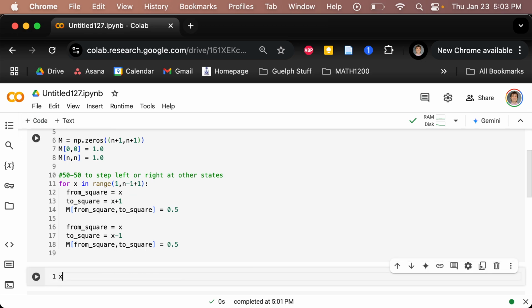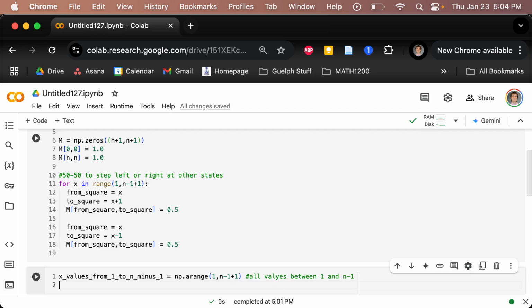You can do all the x values from 1 to n minus 1 at once by just making them an array. If I do np.arange 1 to n, and again I should do n minus 1 plus 1, this is all values between 1 and n minus 1. And then you can just set it like this.